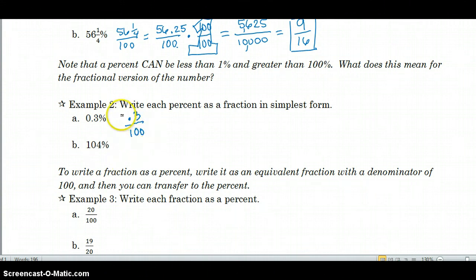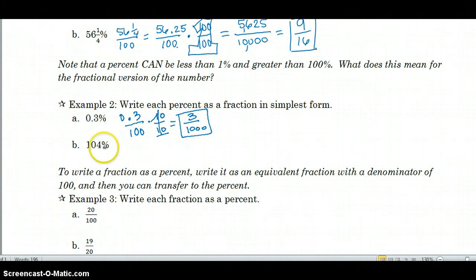And again, that's a decimal within a fraction, and that's just wrong. So let's multiply times 10 over 10. Remember, that's equal to 1. And that is going to make it 3 over 1,000. And that does not simplify any further, so that's how we would write 0.3% as a fraction.